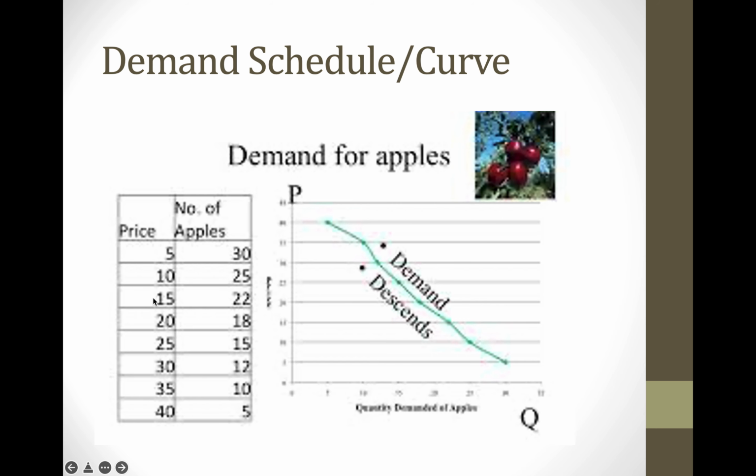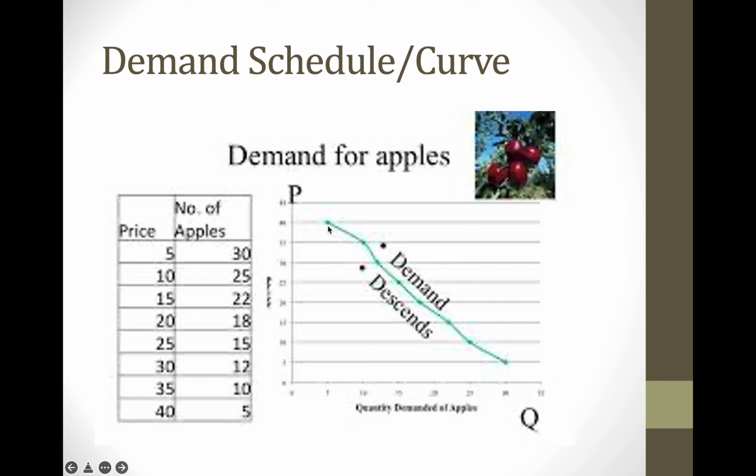As we look at these numbers, we can see that there's a relationship that exists between price and quantity, and that relationship is called an inverse or an opposite relationship, because we can see as our prices go up, our quantity goes down.